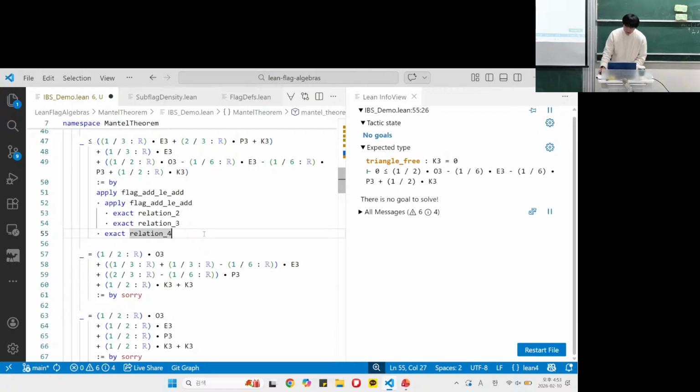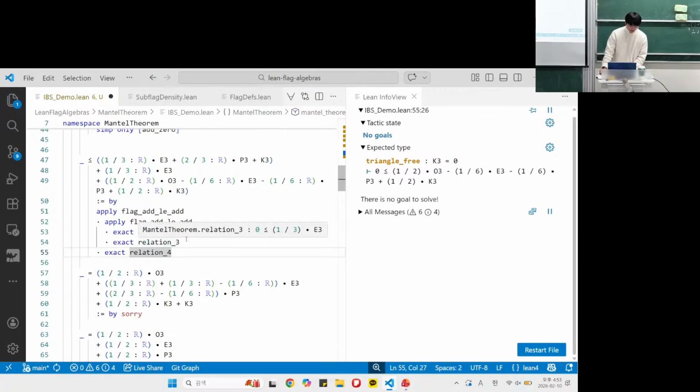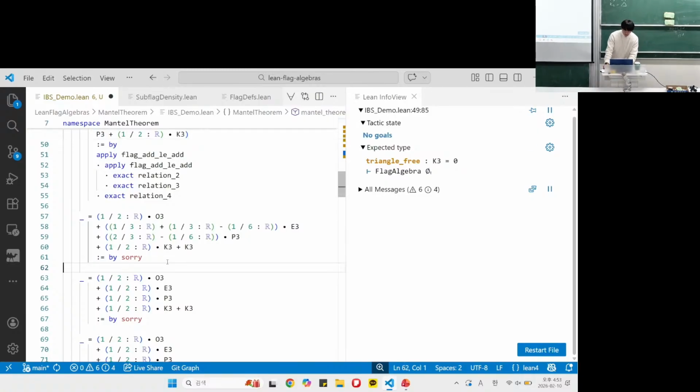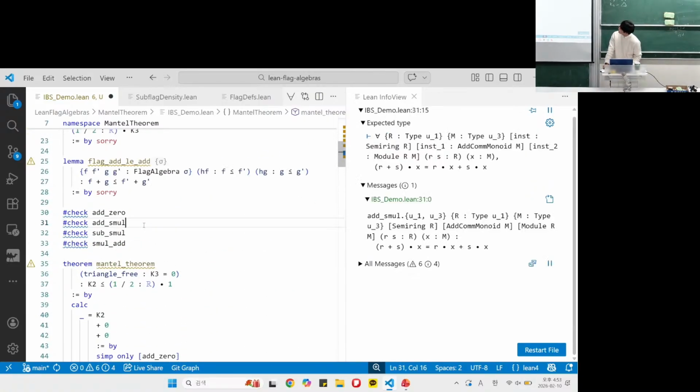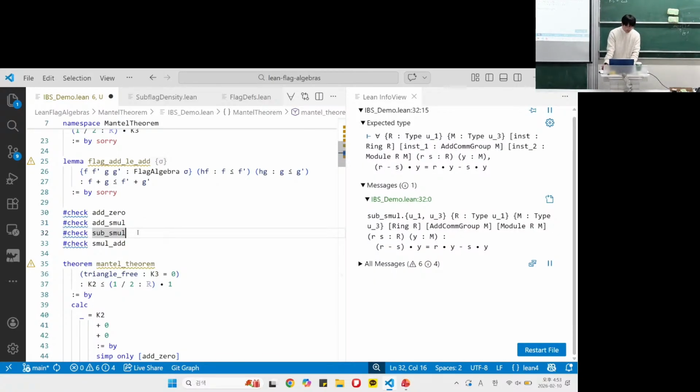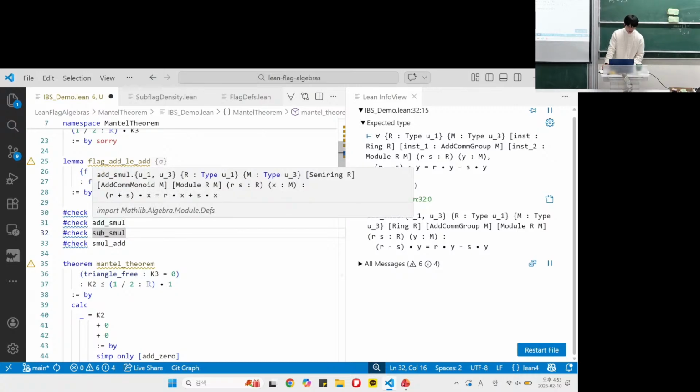Next, let's collect the like terms. To do so, we need another property, add_smul and sub_smul. This means distributivity of coefficients is handled by these add_smul and sub_smul.